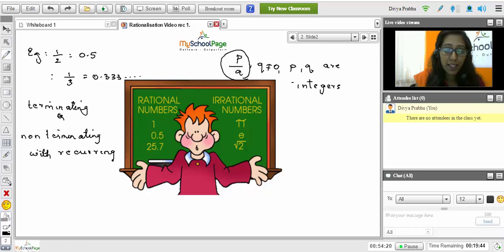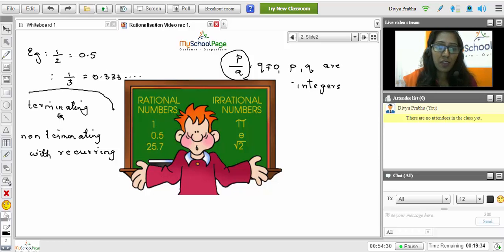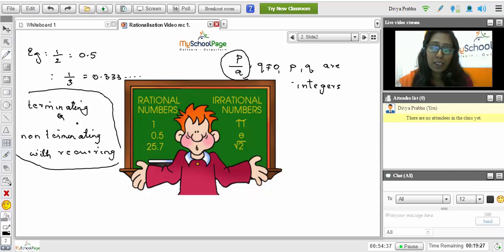Recurring means they are repeating. I can guess what the next decimal number is, isn't it? So we define rational numbers on the basis of the decimal expansion: terminating, or non-terminating with recurring decimals, are rational numbers.